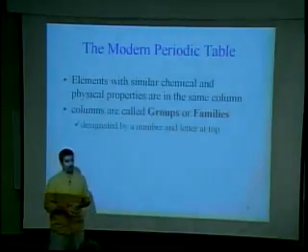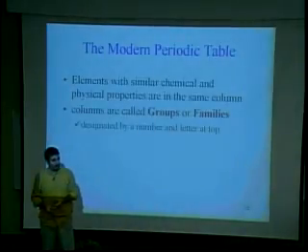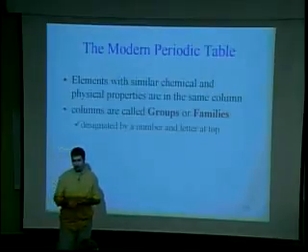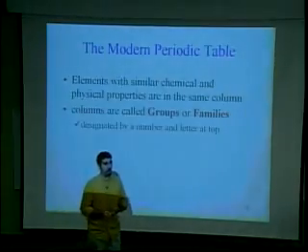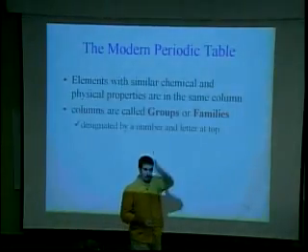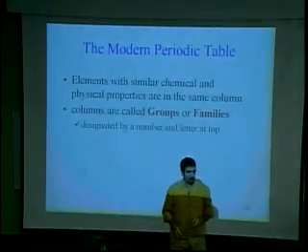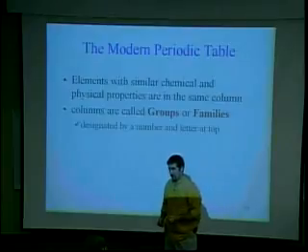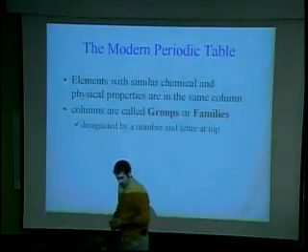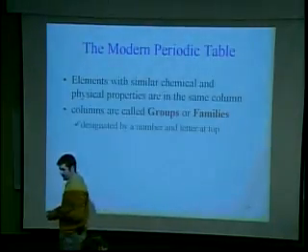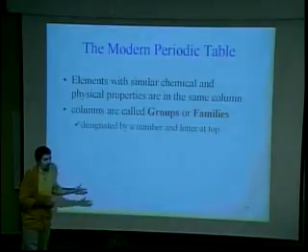We call these columns, you might want to note this, groups or families. I'm going to call them groups. You'll see it both ways, but I think in this class mostly just groups. So up and down columns we call groups. So group 1 is hydrogen, lithium, sodium, all those guys. Group 2 would be beryllium, magnesium, calcium. Group 3 and so on, all the way across.